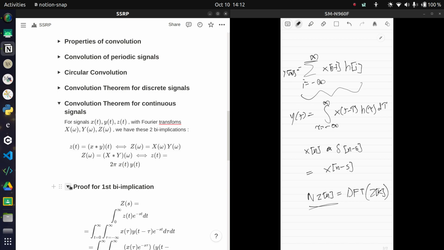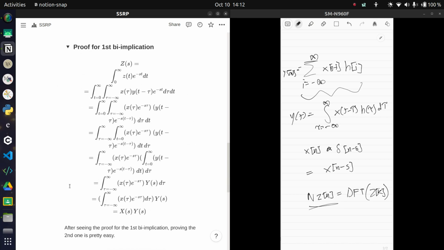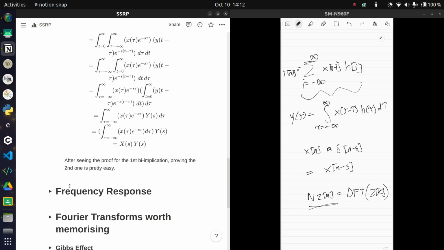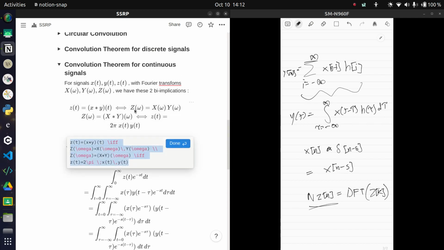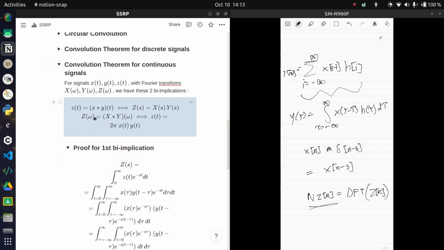For the first bi-implication, I have actually done it with s, so apparently I did it correctly and could replace this completely with s over there. It's just that the reverse thing I cannot do, because once again you run into the same problem with x star y of s. That's a hard thing.